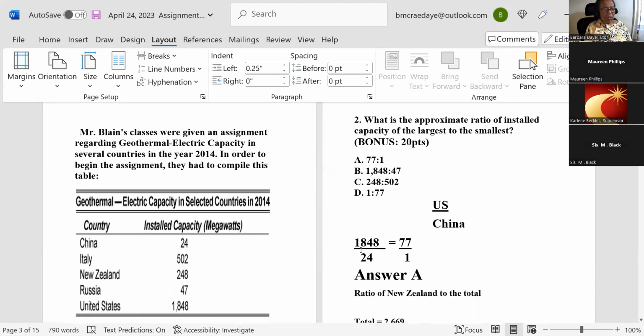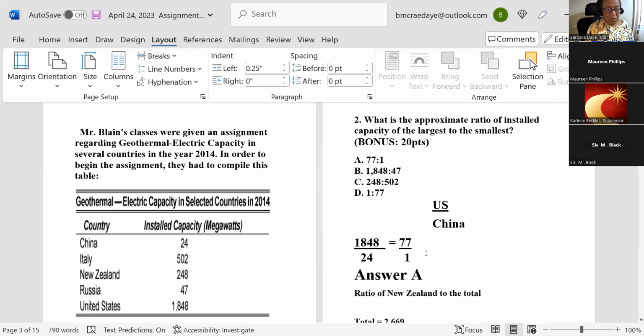Yes, because for the largest, you look at the table again, US 1848. I did get the right number, but when I looked at it, I said, oh my God, I put the wrong answer for the number twice. Okay, China's 24, but you don't see that as a possible multiple choice, right? I divide, just the way you say it goes.